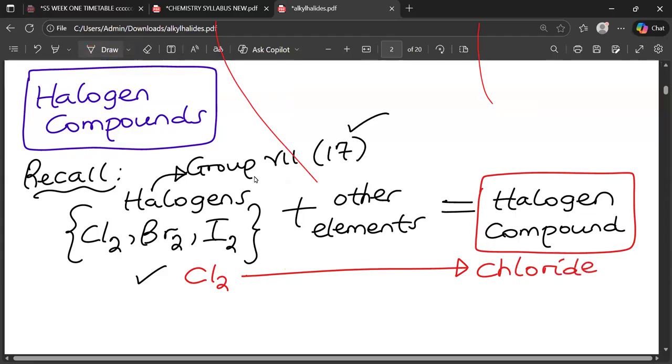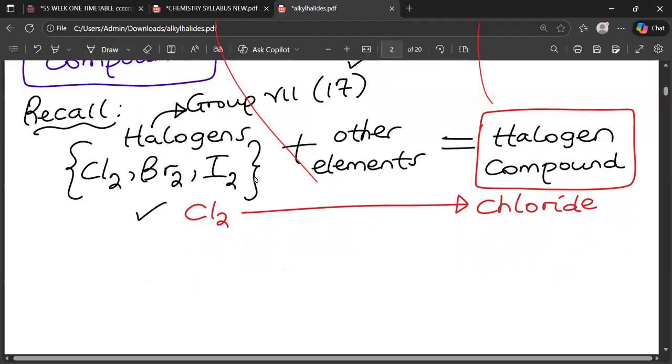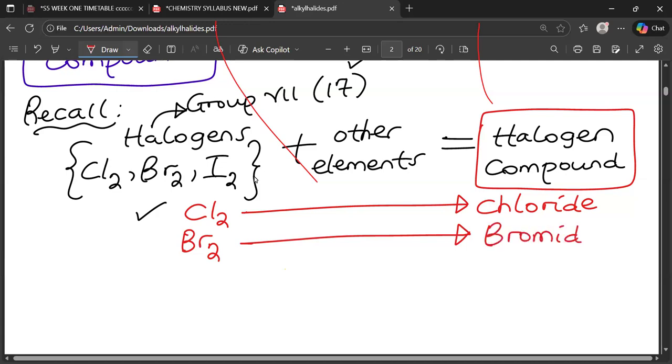You understand? If chlorine reacts with sodium, what you form is sodium chloride. If the halogen participating is Br2, the compound we form is a bromide. I want you to follow.